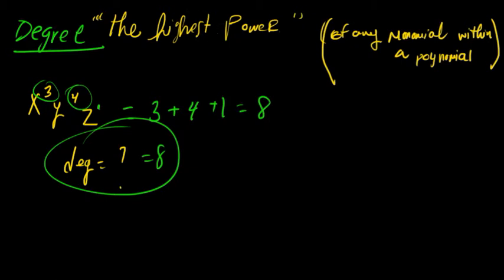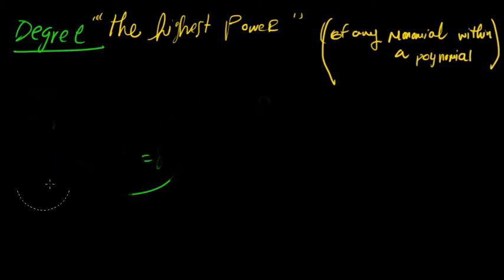Now, let's look here. If I gave you this constant term, 12, and I said, what is the degree of this monomial? Well, what would you do?